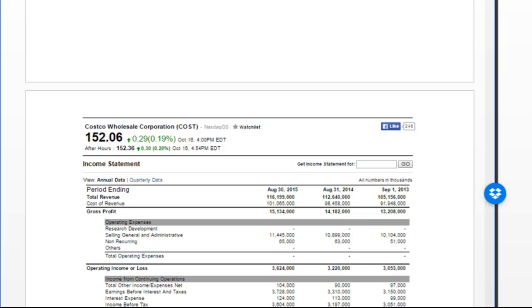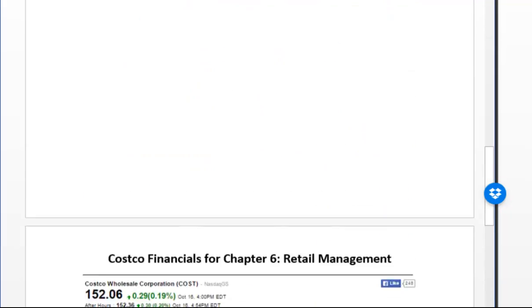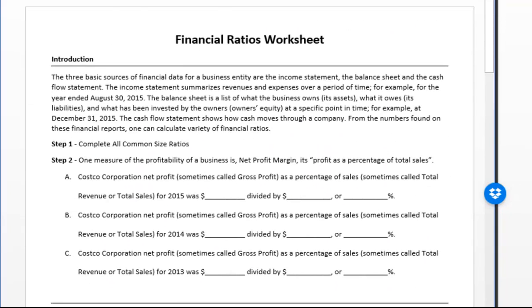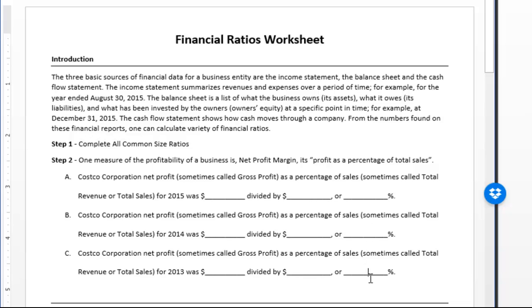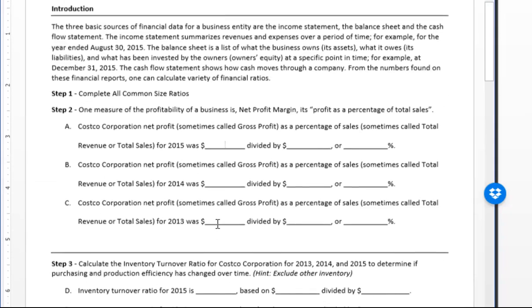Then the next thing you're going to do is determine net profit margin. And remember that that is one of your common size ratios. So I want you to take those numbers and put them in here. So for 2015, you would look at total revenue, also known as total sales, and you would find that here, 116,199,000 divided by net income.